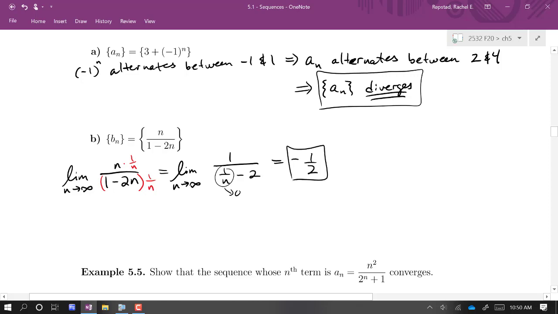So these terms get closer and closer to -1/2, and we would say that this sequence converges to -1/2. And we have some notation that can indicate that. If a sequence is converging to a value, we use the single arrow, not an implies arrow, but just the single arrow to the number.